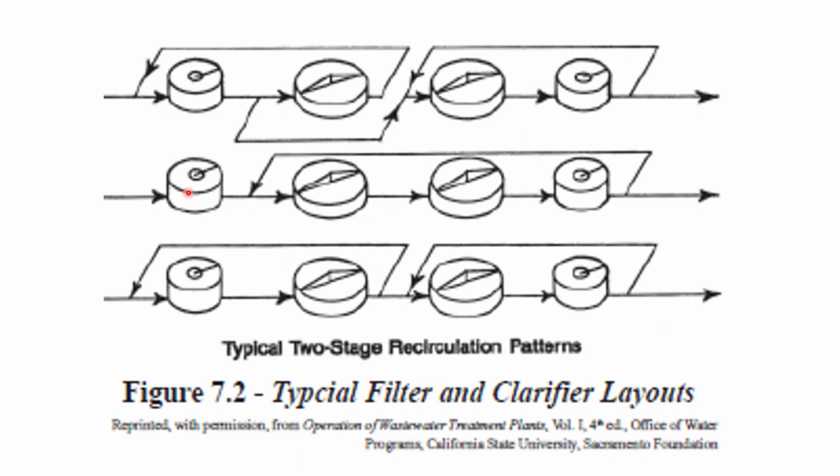And in this case, a little different setup. We actually have, from a primary clarifier, a series flow through our trickling filters, goes to the secondary clarifier, and then a portion of that comes out and goes to the head of the first trickling filter. So in the first setup here, we're doing two things.